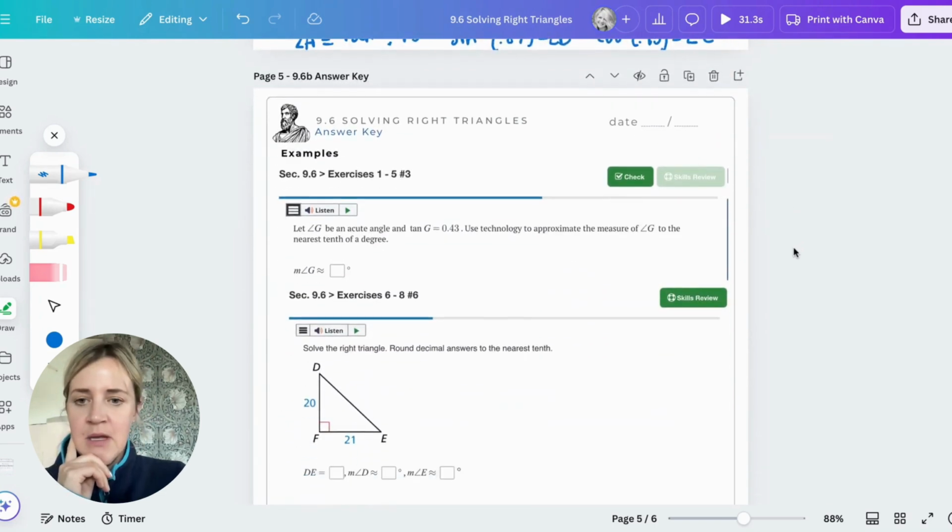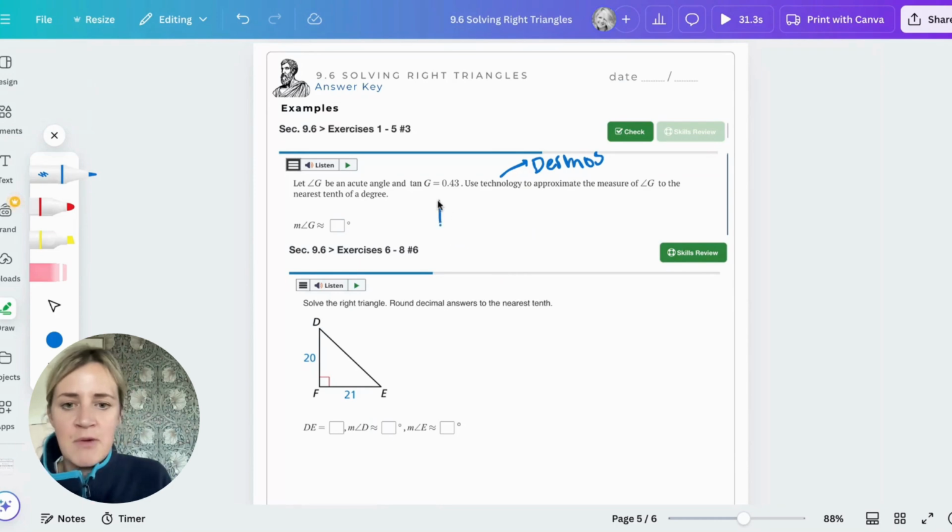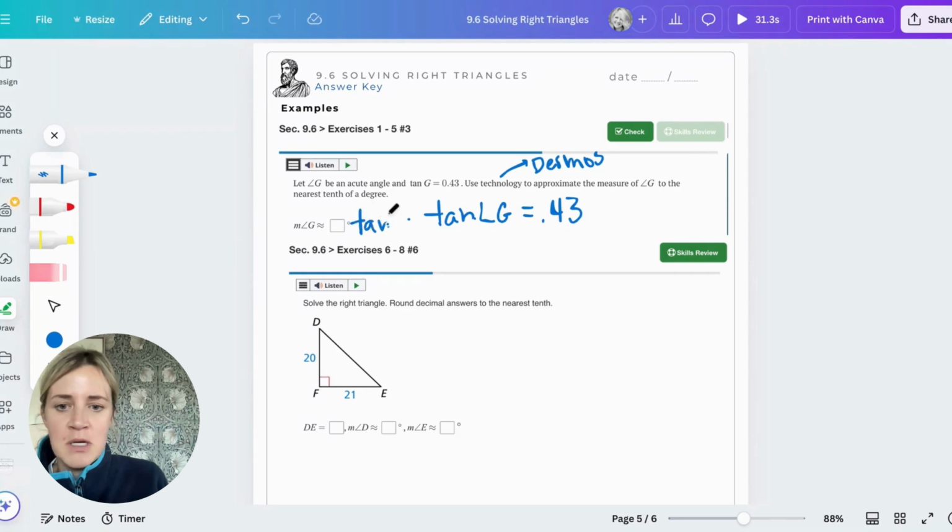Okay. 9.6 example: let G be an acute angle such that the tangent is 0.43. You see that word again, use technology. Anytime you see that, it just means use Desmos or your calculator to approximate the value. So again, we've got tangent of angle G equals 0.43. I'm going to go through the longhand version of this, but really you're just undoing it. So we're going to get rid of that tan word by doing tan inverse.